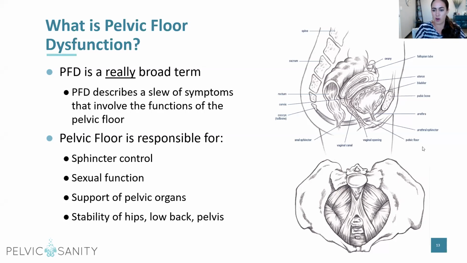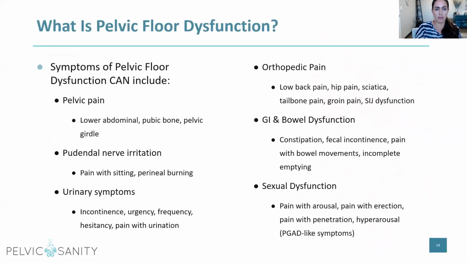So as we move forward into what actually is pelvic floor dysfunction, right? Pelvic floor dysfunction is a broad term. And I want you right now to see, can you identify any other things in your symptom presentation that can be caused by the pelvic floor? So things like lower abdominal pain, pubic bone pain, pelvic girdle pain. Someone asked about the pudendal nerve.